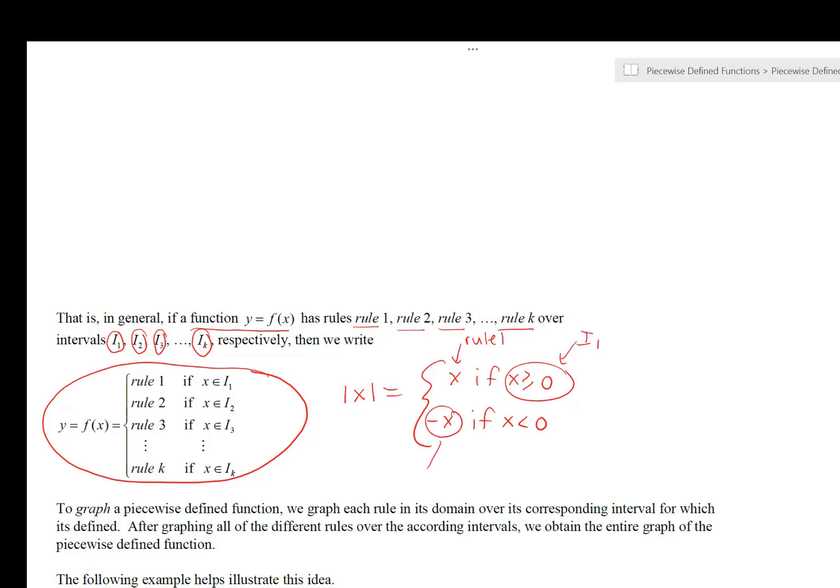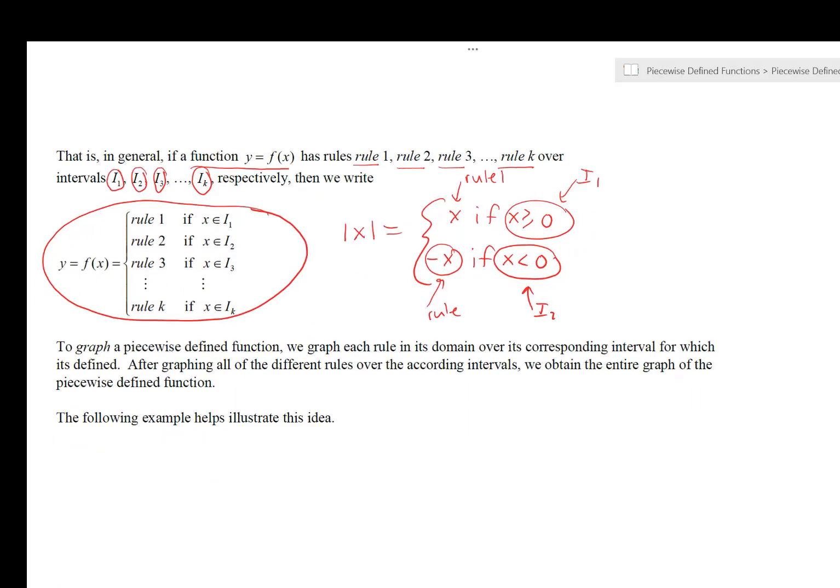Right there's your rule 2, and the interval 2 for which it's defined. It could have many. It could have 3 rules, 4 rules, and in general k rules. It just so happens the absolute value function has 2 different rules. So when we graph such functions, we've got to graph each of these rules over the specified domain for which it's given in the rule.